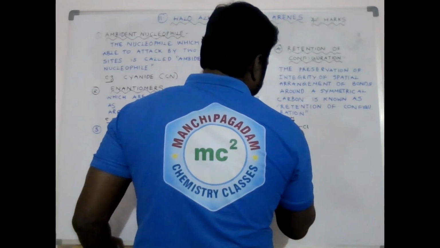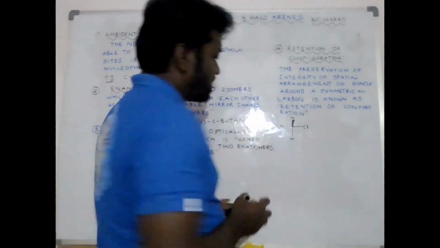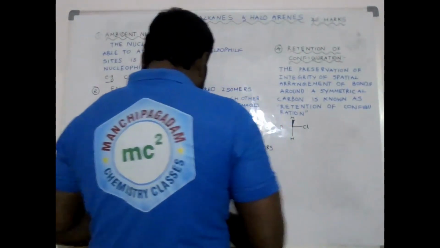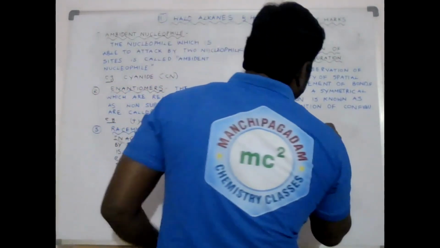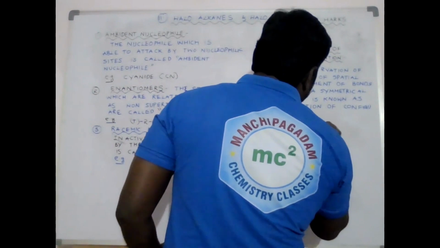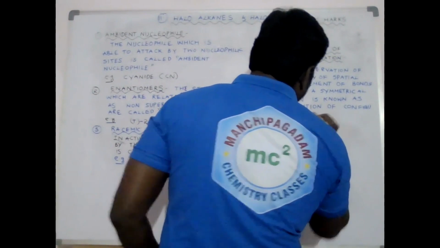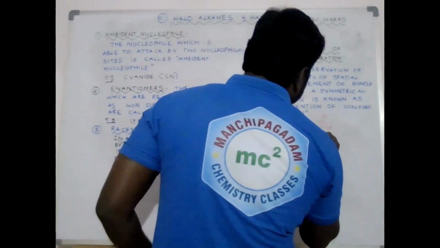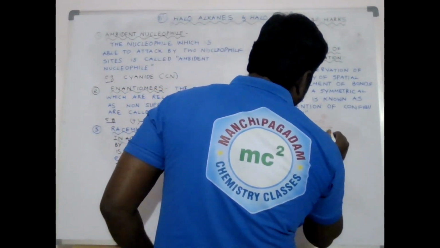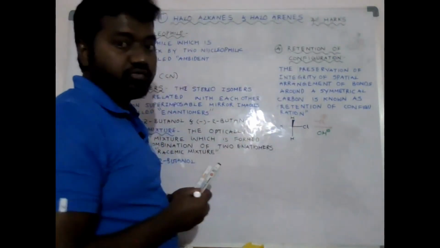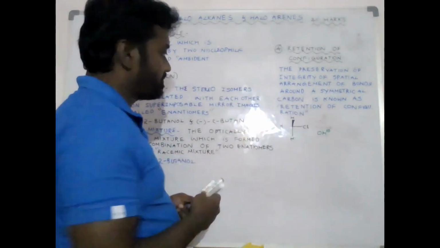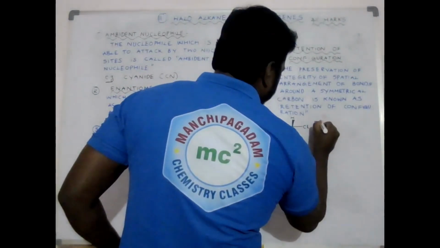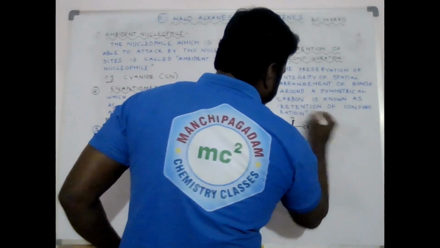This one is a dotted bond, right? CH3Cl, methyl chloride. So here Cl minus will be removed. And what is coming here? Nucleophile is coming. Nucleophile is attacking, which is having more number of electrons. Cl minus we are removing. And this OH minus is attacking here.